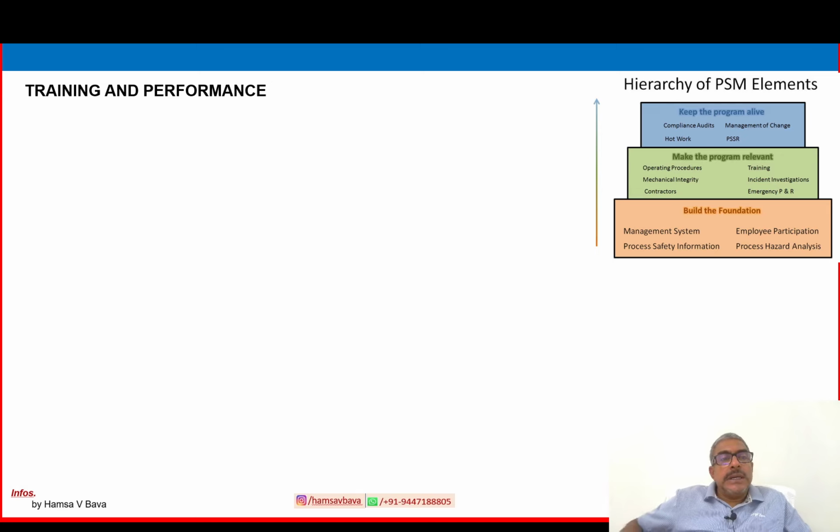The next important element in PSM is training and performance. Regular training for operators, technicians and staff is very important to minimize human error, for understanding the operating procedure, or understanding a new design, or when a new instrument is installed or a new operation modification is implemented.